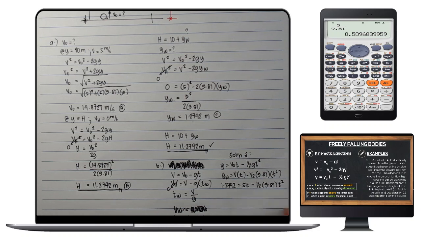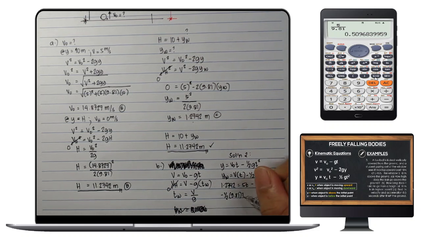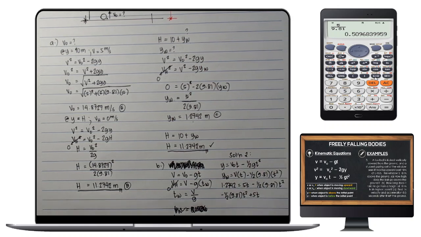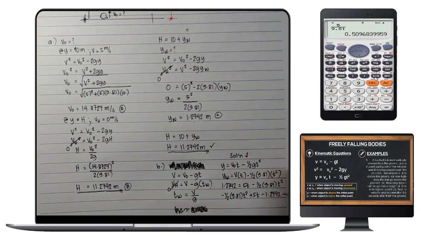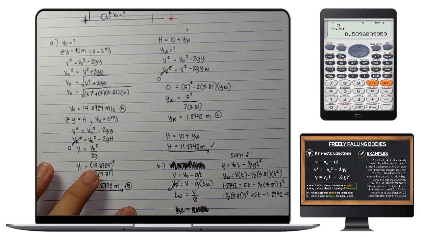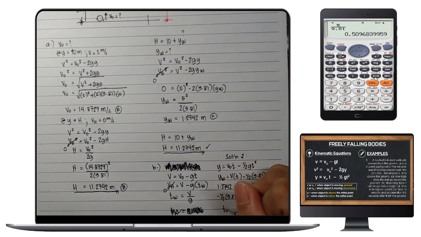And as you can see, we form a quadratic equation. So, ipatas lang natin, that is negative 1/2 times 9.81 t square plus 5t, then minus 1.2742 is equal to 0. Okay? So, using quadratic equation, makukuha natin dito si t sub w.